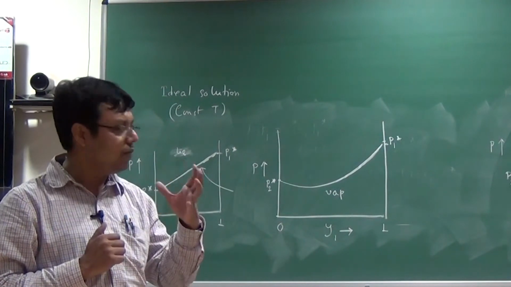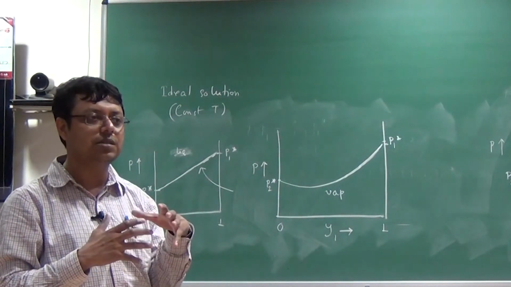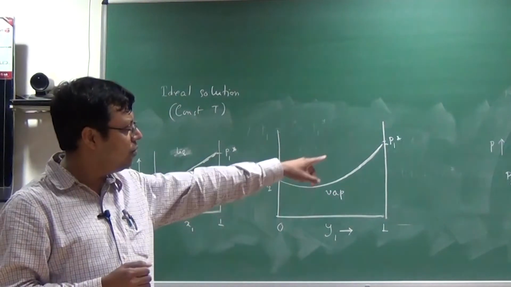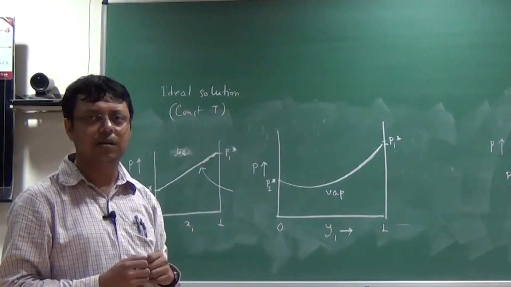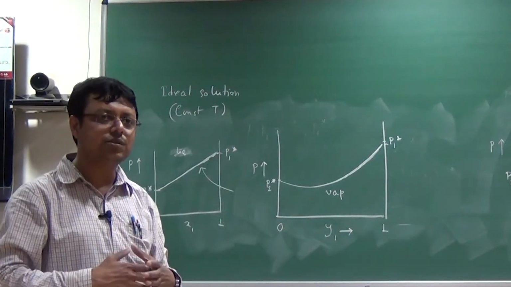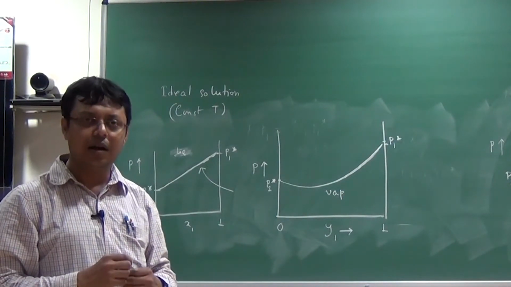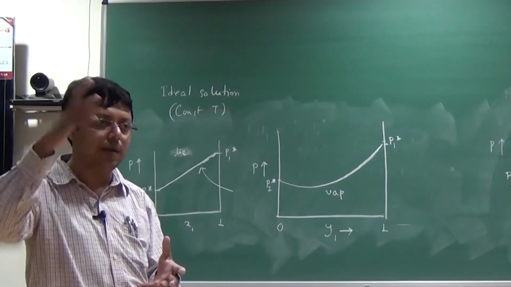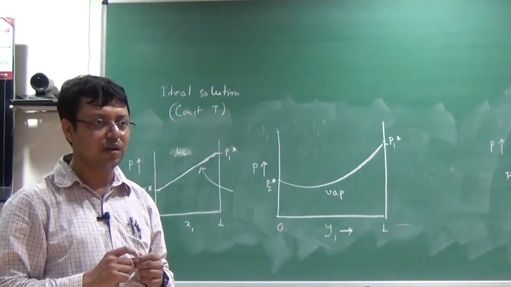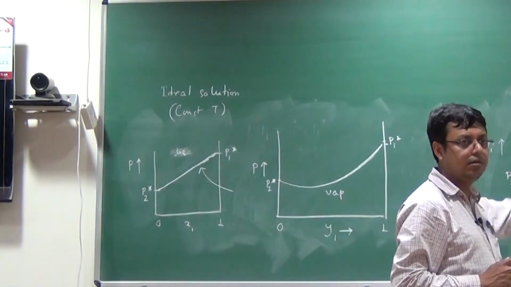Suppose some vapor is there, meaning I have more of the liquid and little vapor, that will vary like that. It's a straight line. However, if I think the other way, starting from a very low pressure regime where I had a little bit of liquid but most of it was vapor, I see the variation will be something like this.